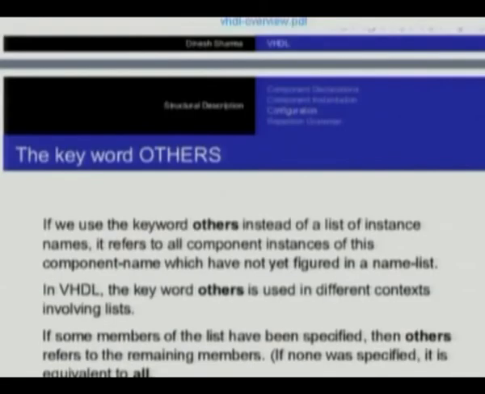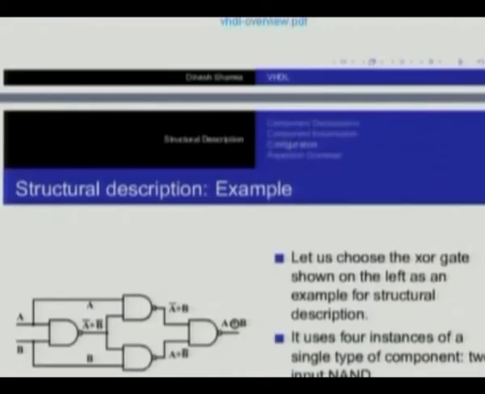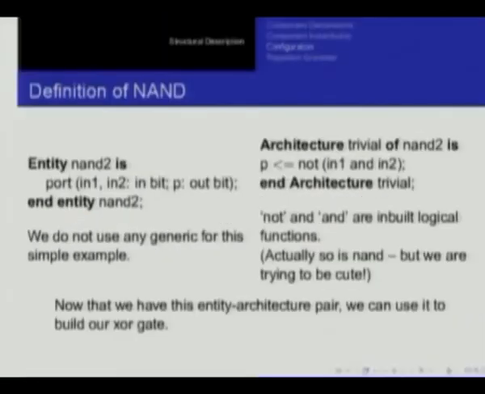Okay? We will just skip the VHDL 87 case and go to an actual example. Here is an XOR gate which is constructed of 4 NANDs which are connected like this. Now these components, known components, reside in a library, and the default library is called the work library. So as we describe components, they keep on being added to a database called the work library.